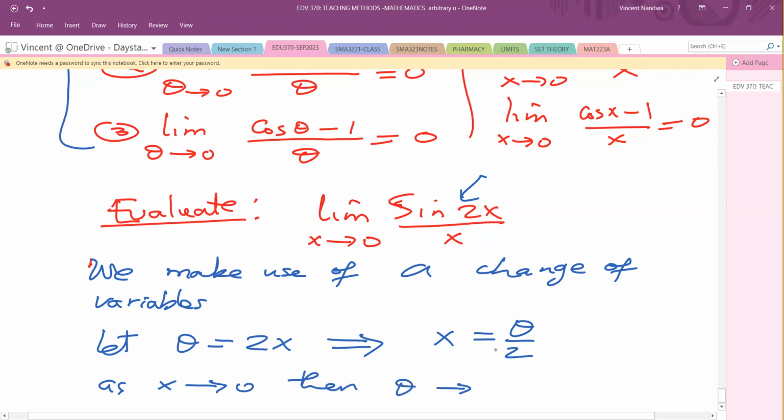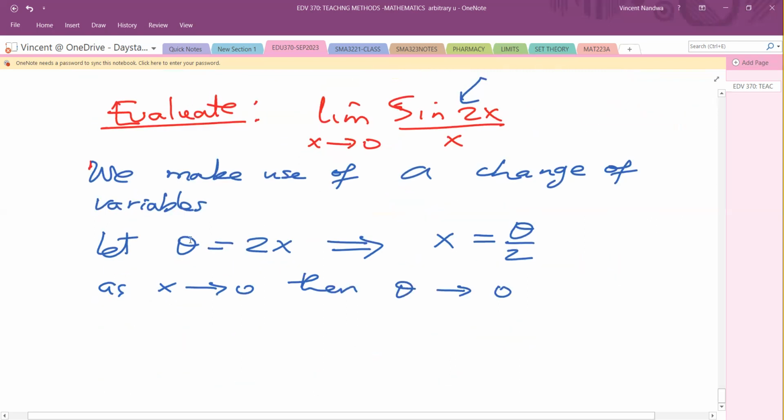If I put x as 0, what would be the value of theta? 0. So as x approaches 0, theta still approaches 0, right? So now we rewrite the whole limit in terms of this new variable theta.